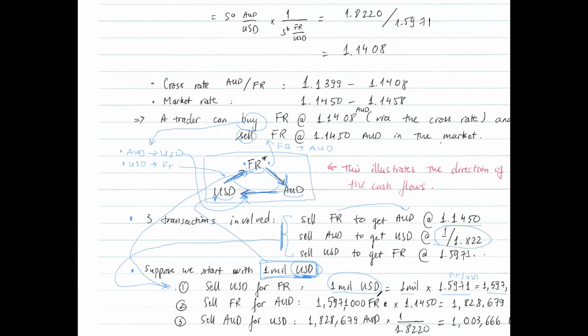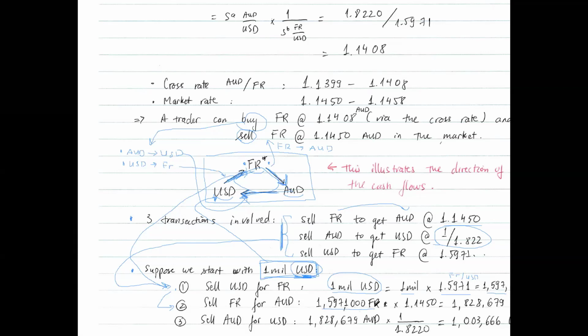I'll take the franc proceeds from the first step to the second step. Once I get the franc from the first step, I'm going to exchange it for the AUD. So I'm going to sell the franc to buy the AUD.